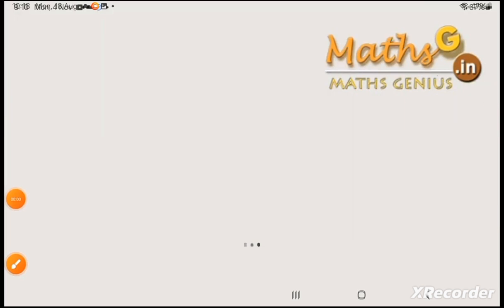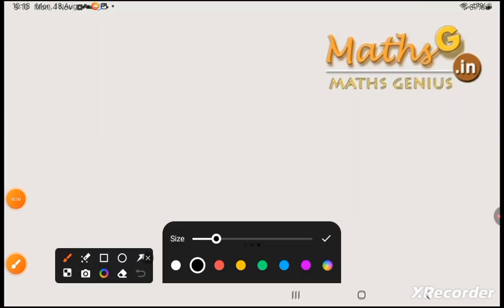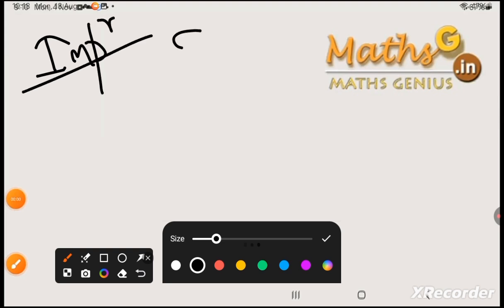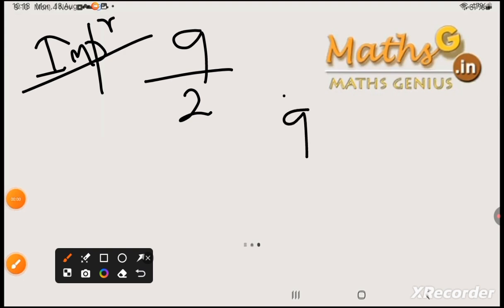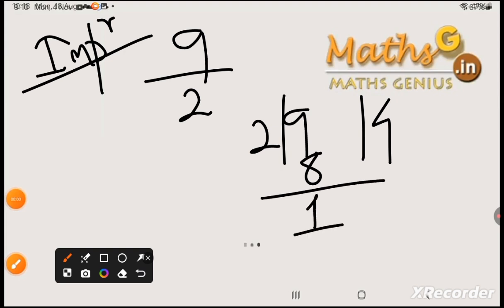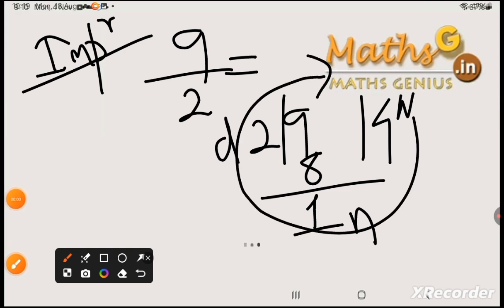But let us talk of another improper fraction. Let us say 9 by 2. Simply divide 9 by 2. 2 4's are 8, 1 is the remainder. So 9 by 2 can be written as 4 whole 1 by 2.